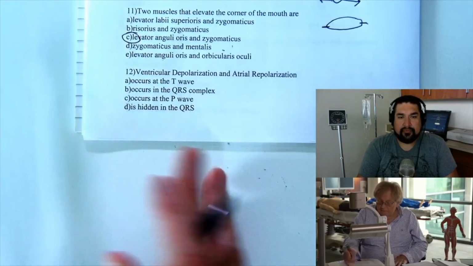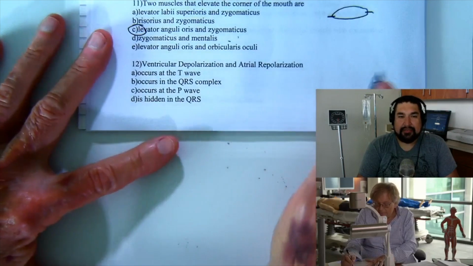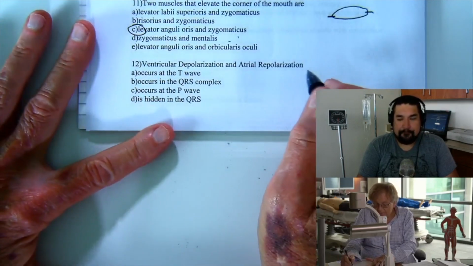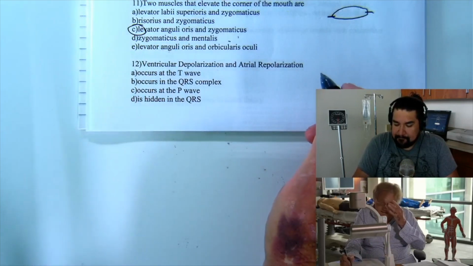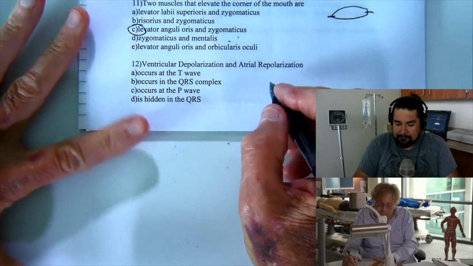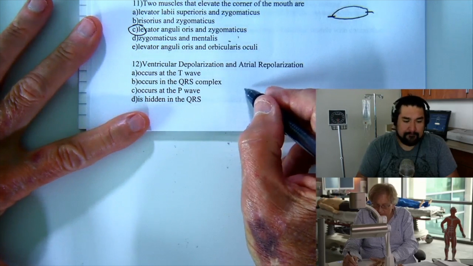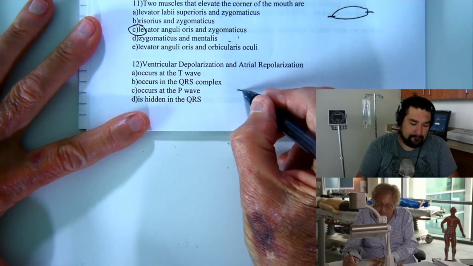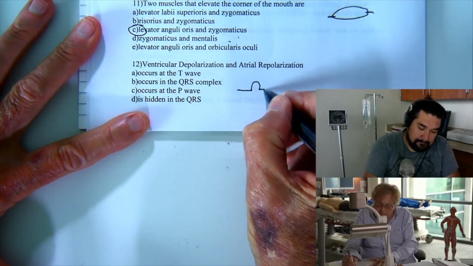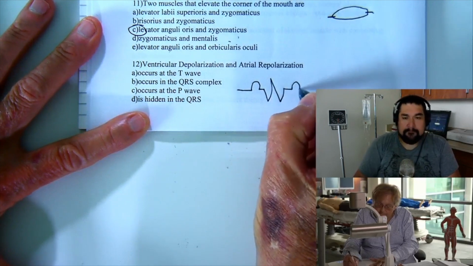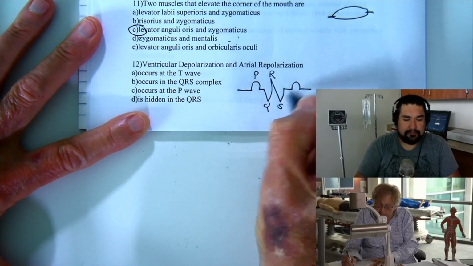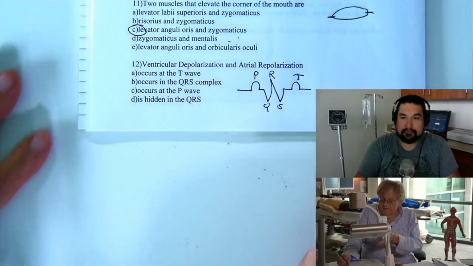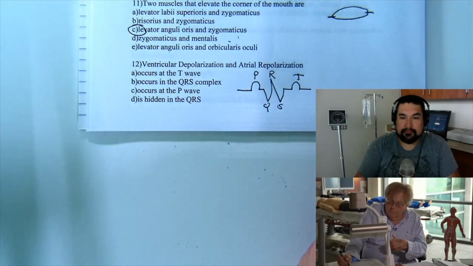Number 12, let's look at that. Remember, you were talking about the heart, that is really critical, and I told you to make sure you understand the heart. Chapter 12 in the textbook talks all about the heart and EKG, but just think of a textbook EKG, and that's your P, Q, R, S, and T. You want to define what those waves stand for.